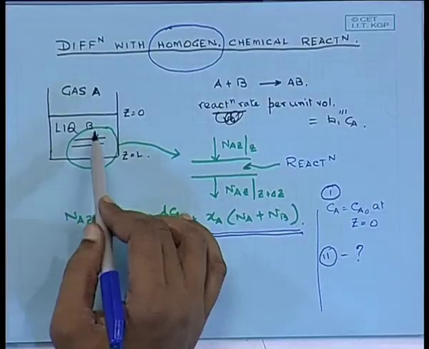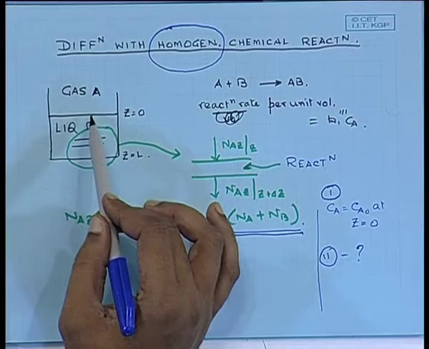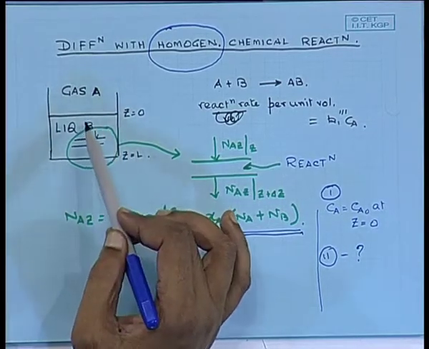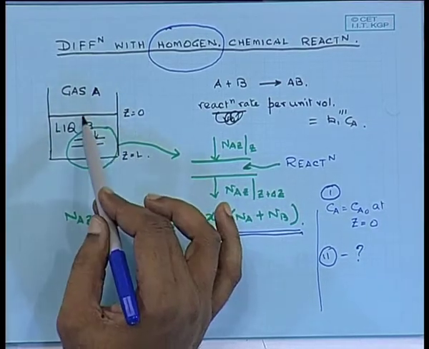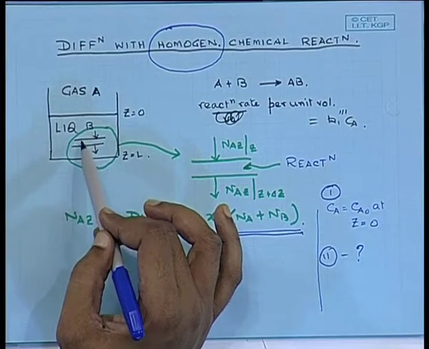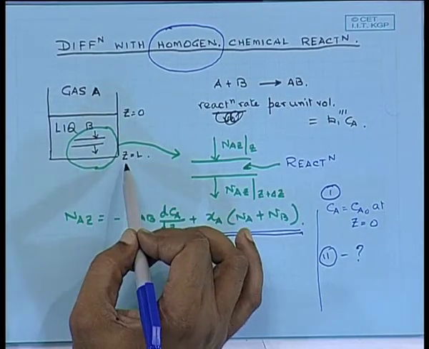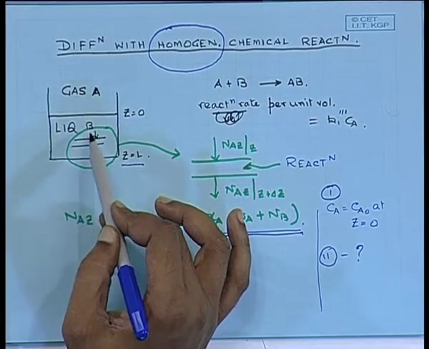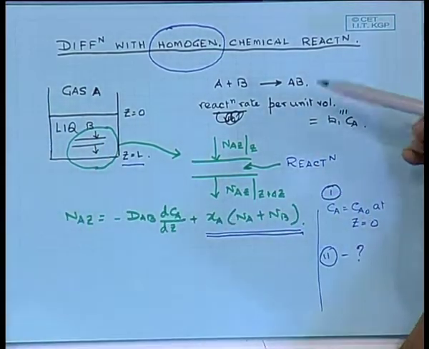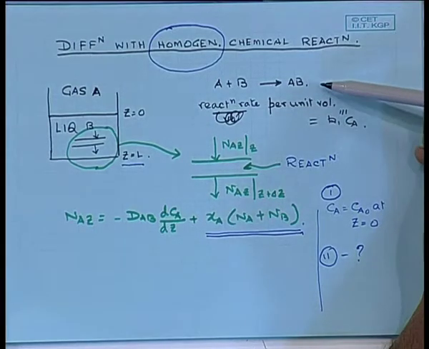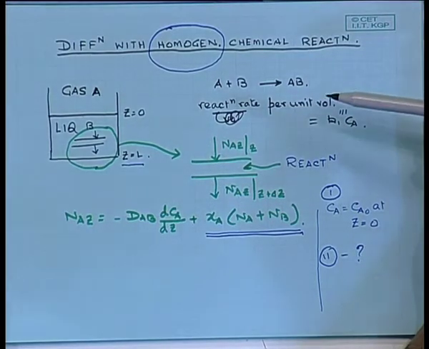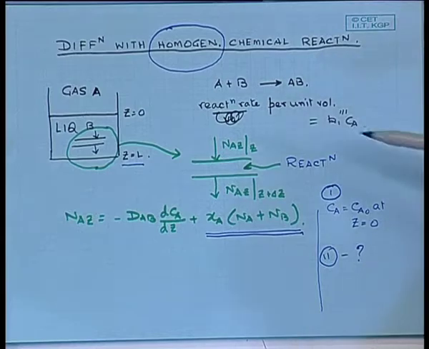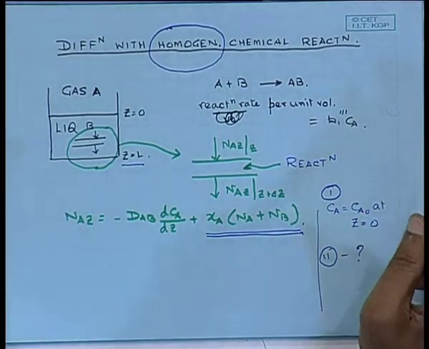So, for that we have a liquid, let us call it B, in contact with a gas. The gas dissolves in liquid B and then starts diffusing towards the bottom, which is situated at Z equal to L. As it diffuses through the liquid, it undergoes a chemical reaction, A plus B giving AB, and the reaction rate per unit volume is given as K1 triple prime Ca.